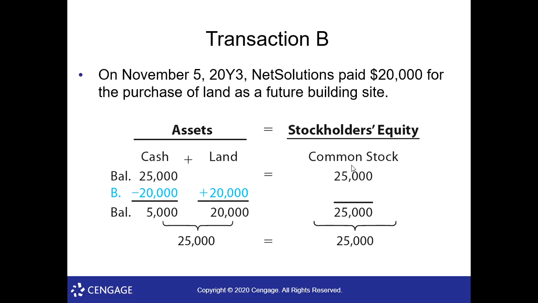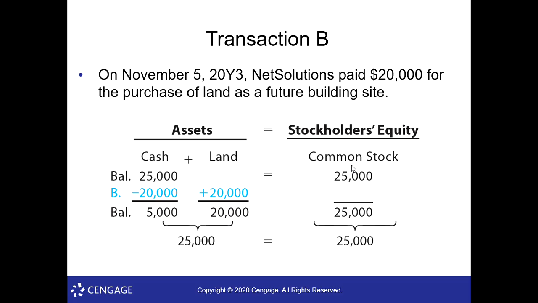So on November 5th, Net Solutions, and this is the company we're recording things from the perspective of, paid $20,000 for the purchase of land as a future building site. The first thing we want to do is identify our accounts. In this transaction, what accounts are being impacted? Well, we paid $20,000. That means we paid in cash. So we're identifying cash as an account. And then we paid the cash to get land.